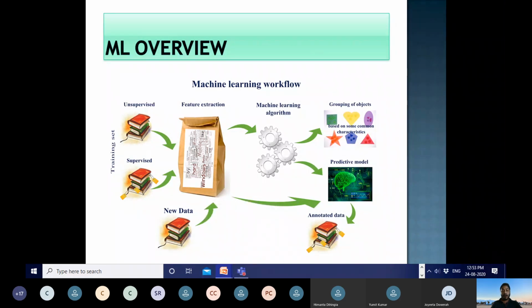See, unsupervised, then supervised. Can you tell me the difference between these two figures, this unsupervised and this supervised? Can anyone tell me what the difference is between these two figures? Leave this part; first consider these two and tell me. So supervised means the machine knows about the data.